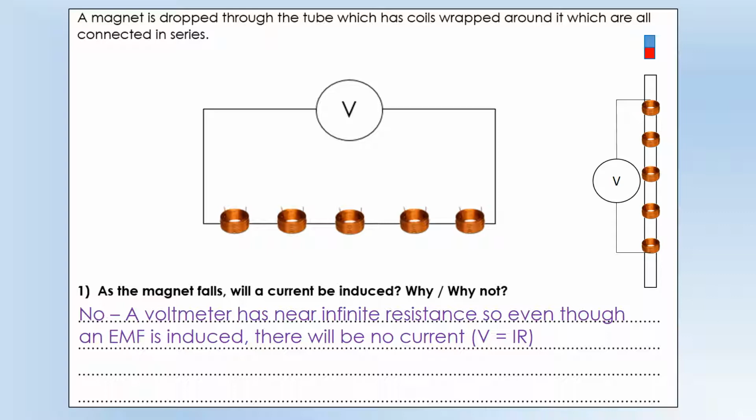So even if you induce an EMF, there's not going to be a current. You can see that using V equals IR. If R is infinite, it doesn't matter what V is, you're not going to get a current. So we're not measuring the current here, we're measuring the EMF that's going to be induced.